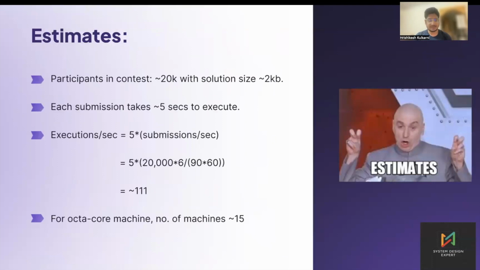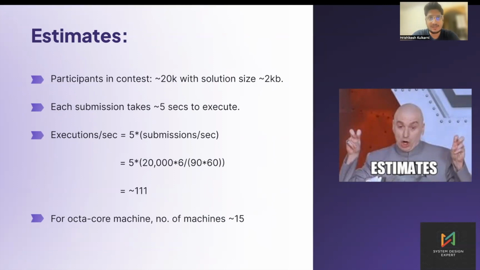Let's look into some estimates. Through estimates, we do some number crunching in order to understand active users, concurrent requests, bandwidth utilization, memory utilization, etc. Here we are assuming 20K participants for each contest.